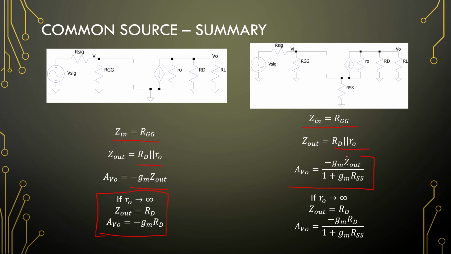And for this side, we need to degenerate the output with 1 plus gm·RS. And in a design, again, you have your maximum gain, similar to what we have on this side, divided by 1 plus gm·RS, right here. And those are the equations that you need to know for a common source amplifier analysis.